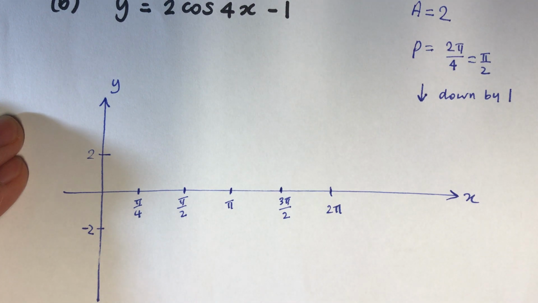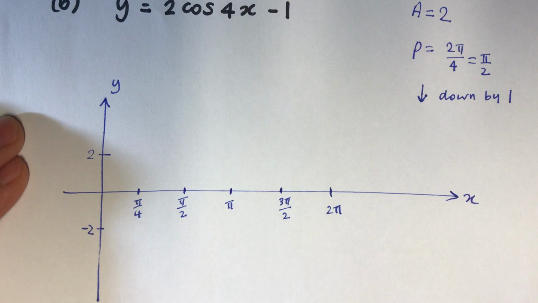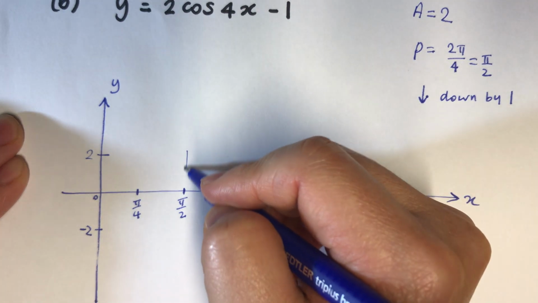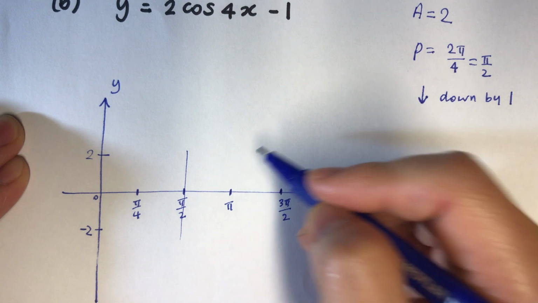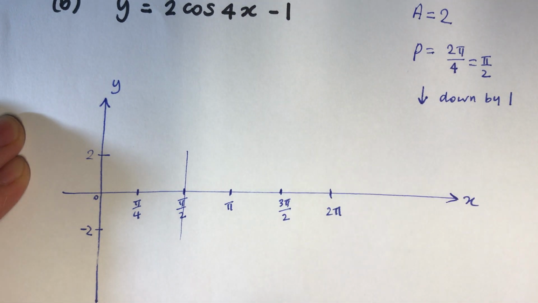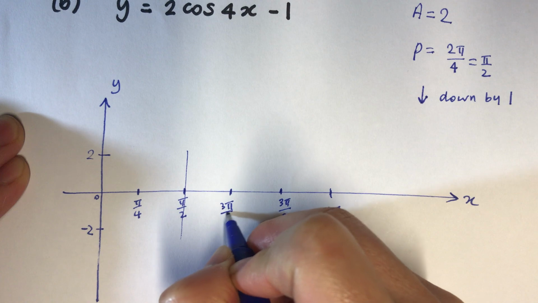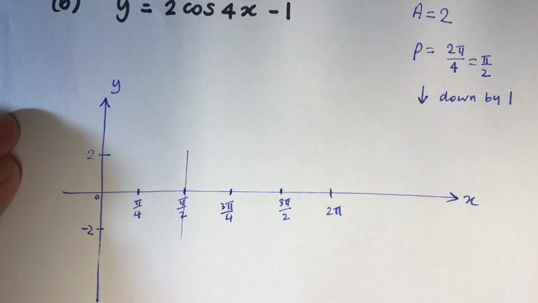Oh, I think the space will be too small. Let me see if I can do my sketch reasonably okay. So that's my one pattern. I'm going to make it into 1, 2, 3.